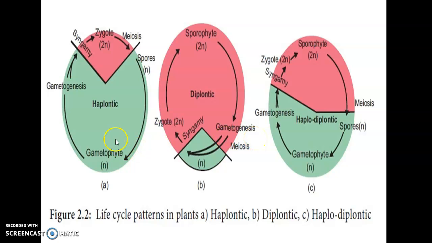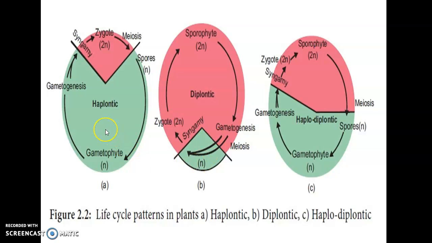Haplontic life cycle is there in algae. Pteridophytes and bryophytes show haplodiplontic type of life cycle pattern. Gymnosperms and angiosperms show diplontic type of life cycle pattern.